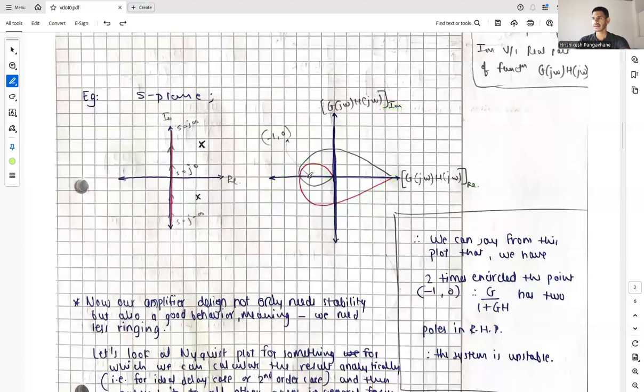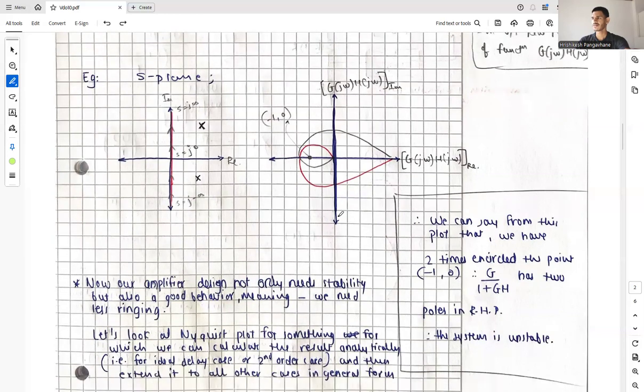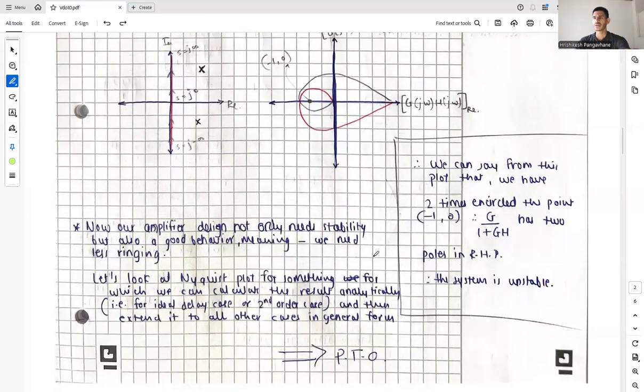It encircles the critical point 2 times. So we can say from this plot that we have encircled the critical point 2 times, and therefore our negative feedback amplifier transfer function has 2 poles in its right-hand plane, and thus the system is unstable. Now this is just for the sake of example.